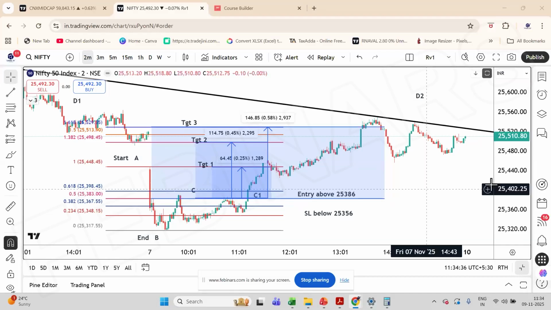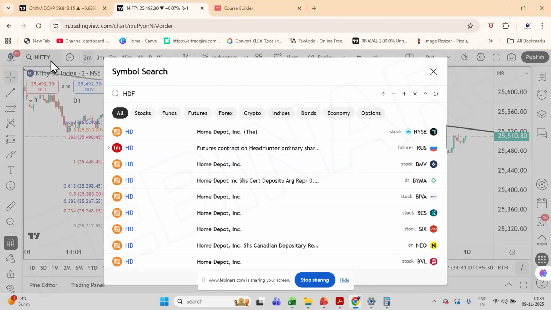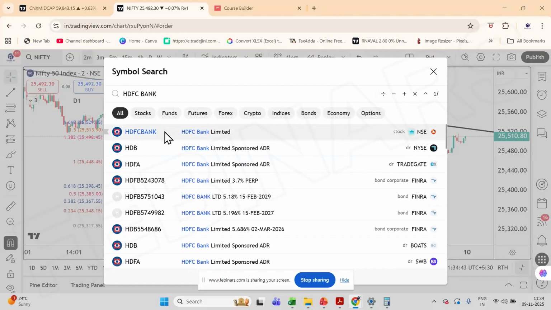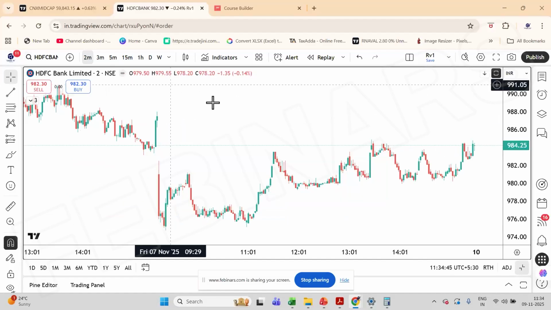Great. Mr. John is asking about HDFC Bank. Okay, HDFC Bank, do you want to see it on an intraday basis, or what time frame do you want to apply the Fibonacci on for HDFC Bank?